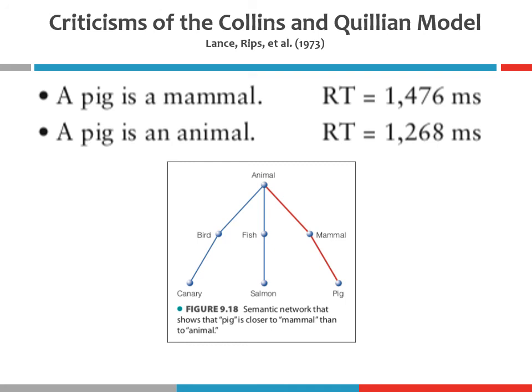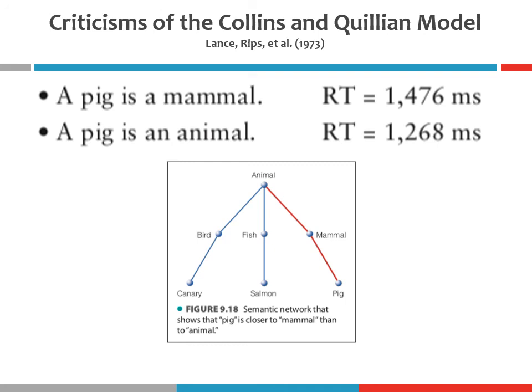And there are even some contradictory results. Remember, the critical assumption of the semantic activation model is that the more you have to travel in the network to answer the question, the longer it's going to take you, right? So this model would predict that it's going to take us longer to say yes or no to the statement a pig is an animal than a pig is a mammal, right?